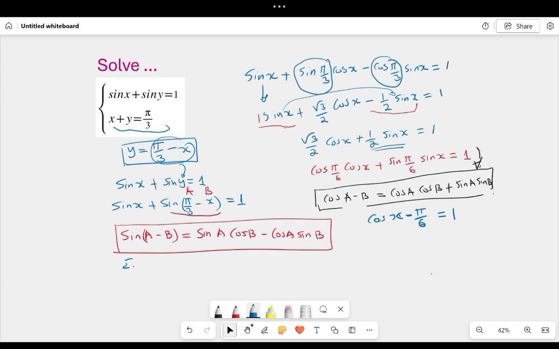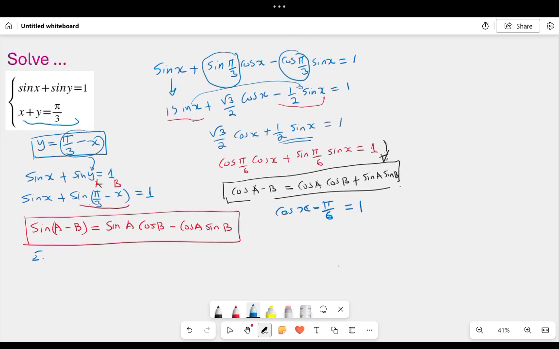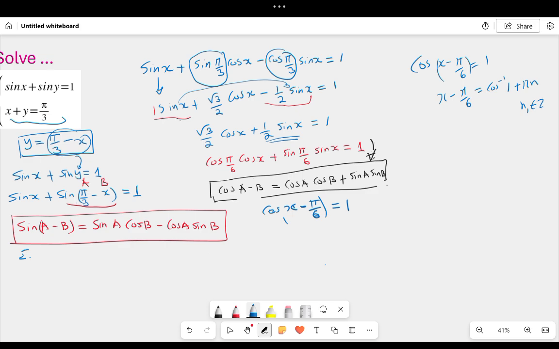Okay, now let us try to look for the solutions. This is much simplified and it's looking much easier. So we have the cosine of x minus pi over 6 is equal to 1. And now for me to get the value for x, x minus pi over 6 is equal to the cosine inverse of 1 plus pi n, whereby n refers to all the integers.